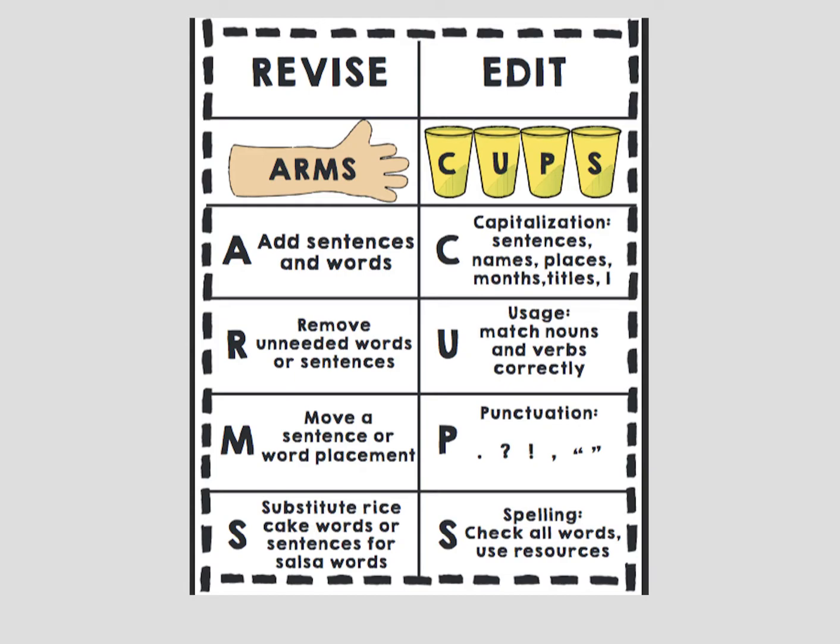Rice cake words, they're kind of boring. So go through and see, are there any words that I could switch out to make them more salsa words, make them more exciting? So I'm going to go through my whole essay with those 4 parts in mind: adding, removing, moving, or substituting words.